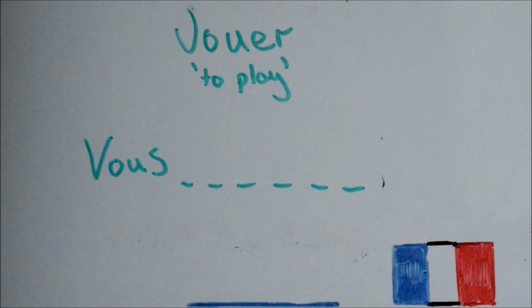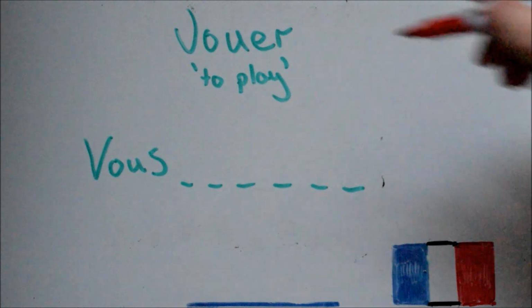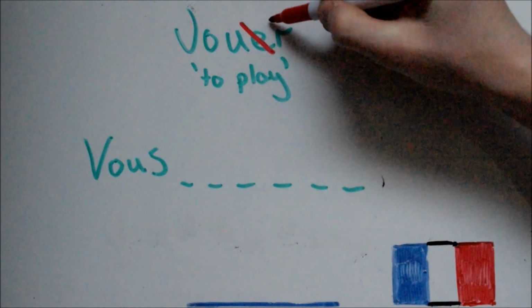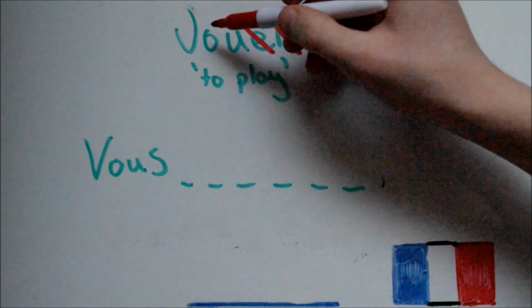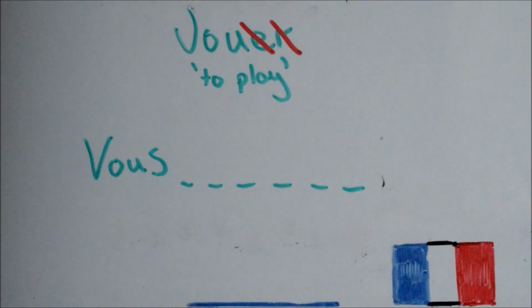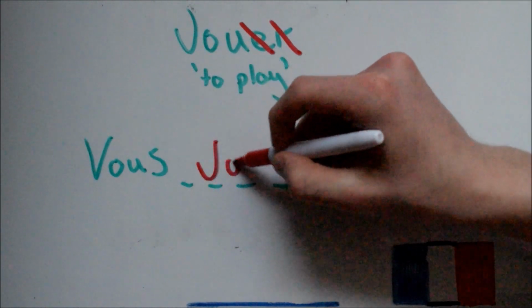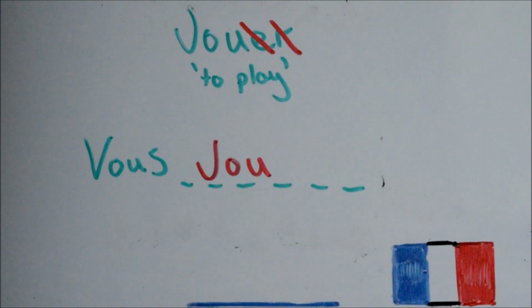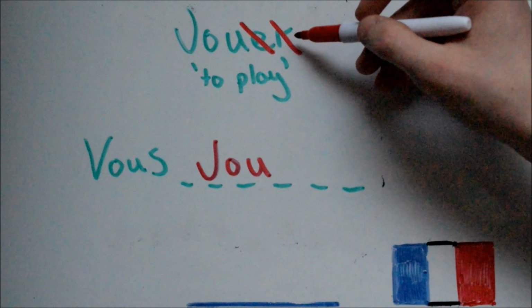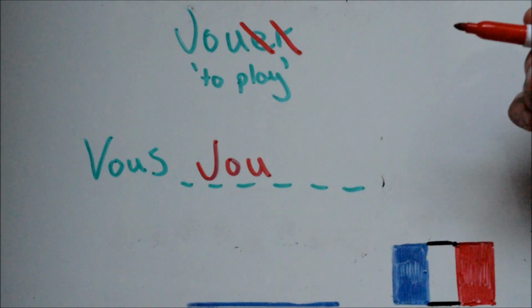The first thing you need to do is find the stem. The way you do this is you take off the ending E and R. This leaves us with JOU. This is the stem of jouer. Now we need to add the ending on. Since this is an ER verb, we need to add on the correct ending.